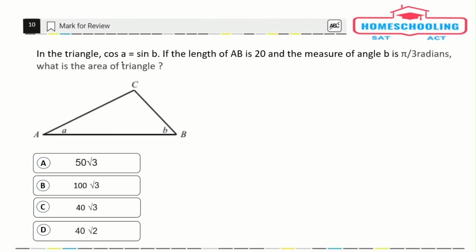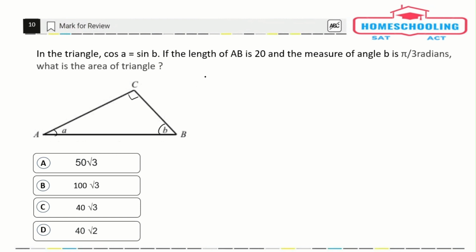In the triangle, cos A is equal to sine B. So this angle would be 90 degree, and the sum of these two angles would be 90 degree.